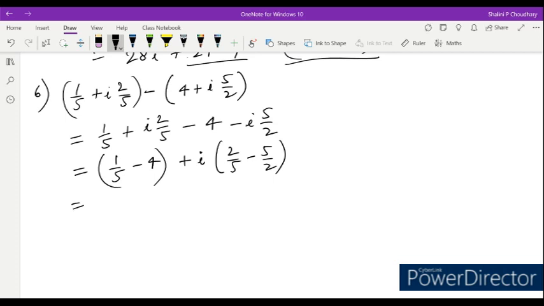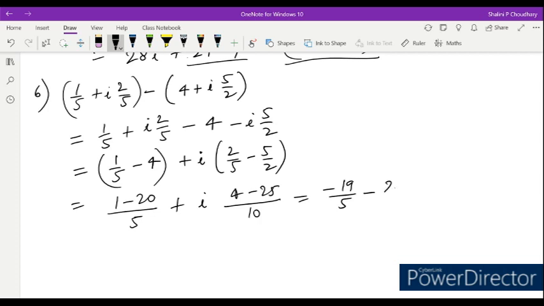So 1 minus 20 divided by 5, plus i into 4 minus 25 divided by 10. This will be equal to minus 19 upon 5 minus 21 upon 10 i. So this is in the form of a plus ib.